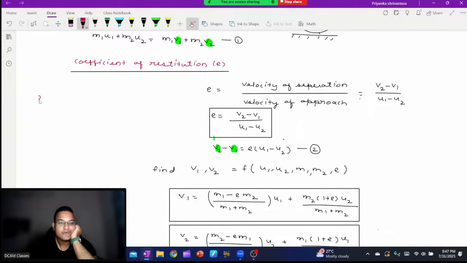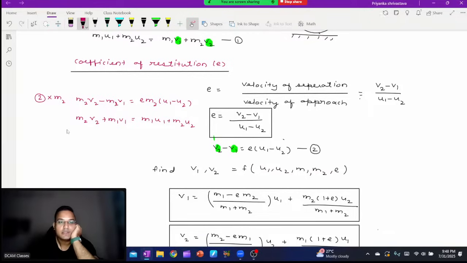See, in the second equation, if I multiply with m2, I am going to get m2 v2 minus m2 v1 is equal to e m2 into u1 minus u2. Now, this is your second equation. Take the first equation then: m2 v2 plus m1 v1 is equal to m1 u1 plus m2 u2.